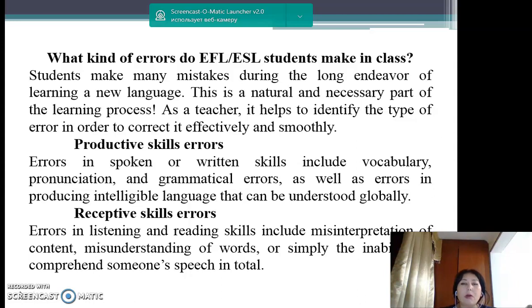Errors in spoken or written skills include vocabulary, pronunciation, and grammatical errors, as well as errors in producing intelligible language that can be understood globally. Receptive skills errors. Errors in listening and reading skills include misinterpretation of content, misunderstanding of words, or simply an inability to comprehend someone's speech in total.